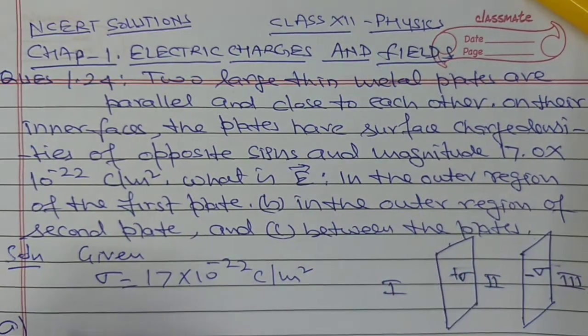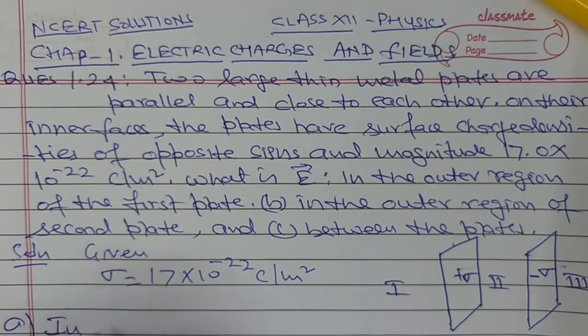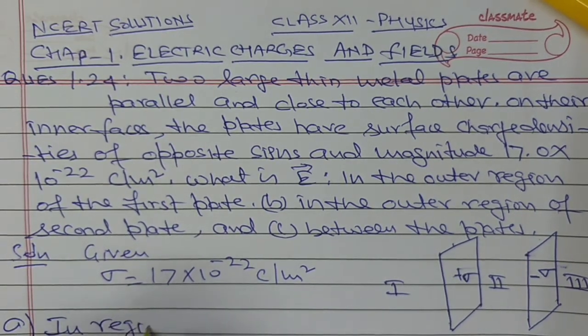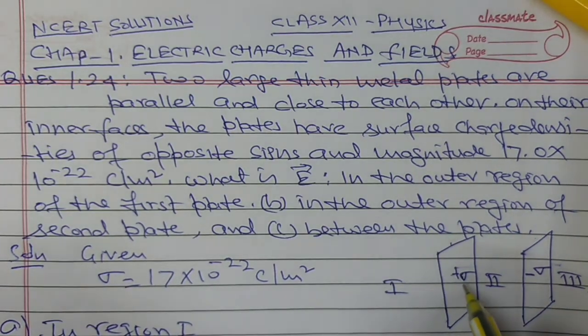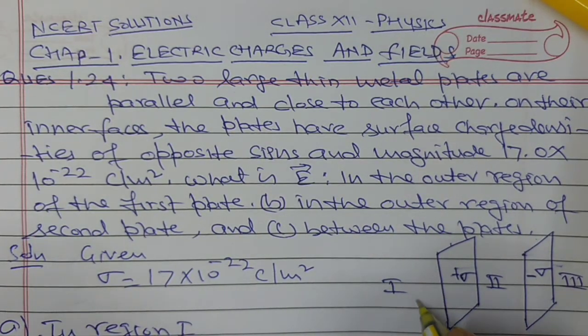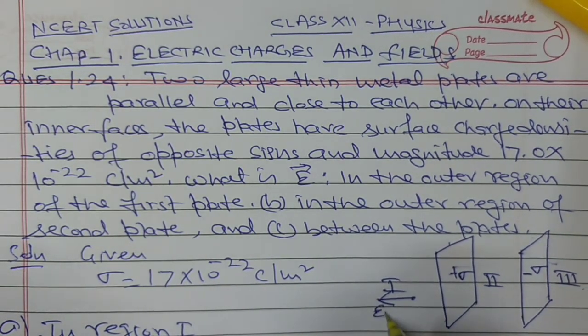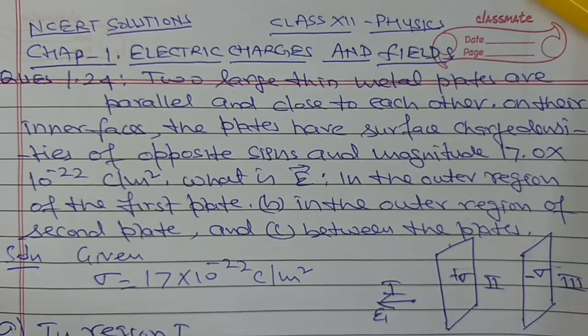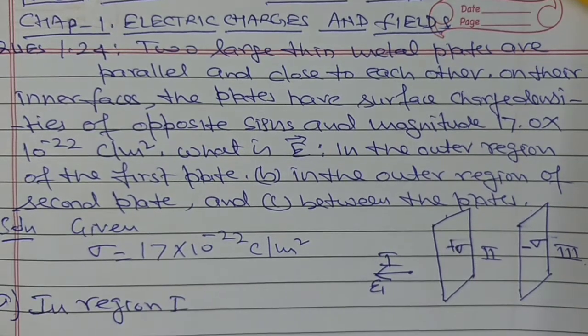in the outer region of the first plate, that is in region first, the electric field intensity due to this plate, due to this positive charge, is away from the positive charge, this is E1, and the electric field intensity due to this negative charge is toward the charge.